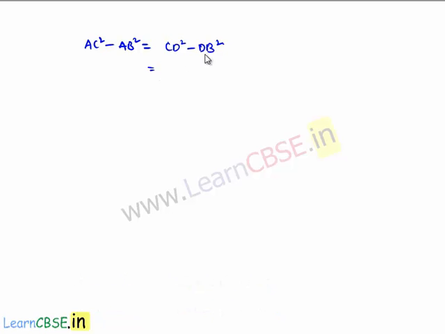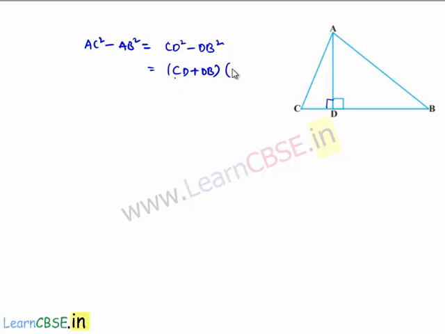This is in the form of A square minus B square, which can be written as A plus B into A minus B. That implies CD plus DB is nothing but BC into CD minus DB is nothing but 3 times CD.